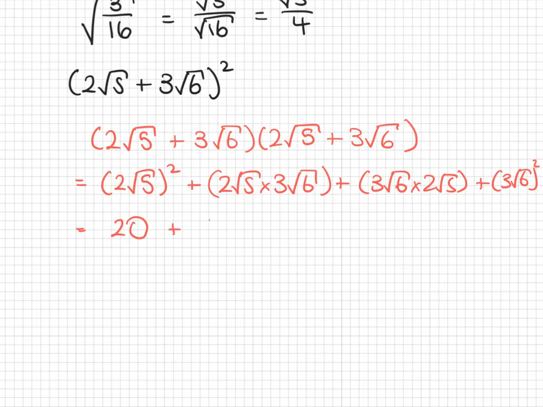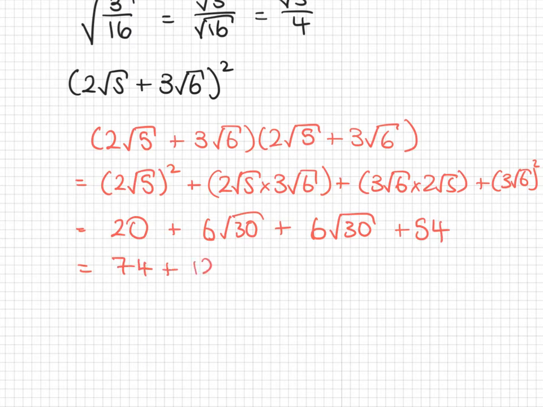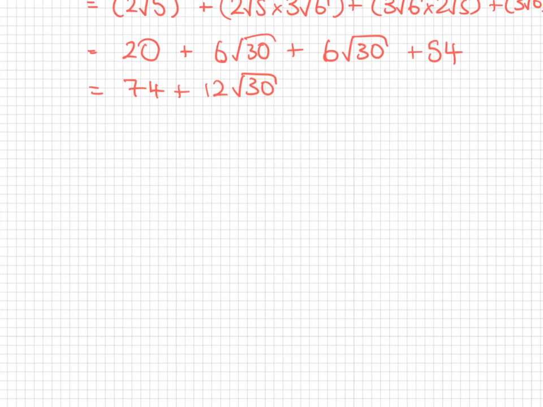Here I've got 2 root 5 times 3 root 6: 2 times 3 is 6, root 5 times root 6 is root 30, so 6 root 30, plus that's the same again, 6 root 30. 3 root 6 all squared: 3 squared is 9, root 6 squared is 6, 9 times 6 is 54. So that's going to simplify to 74 plus 12 root 30. A nice easy one.